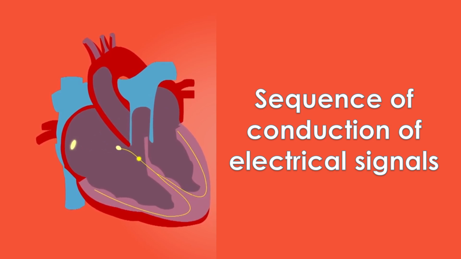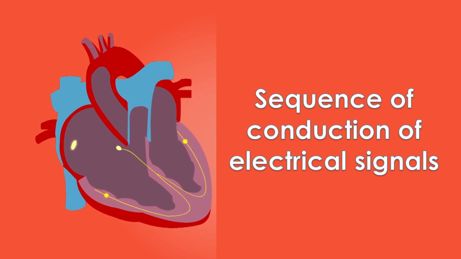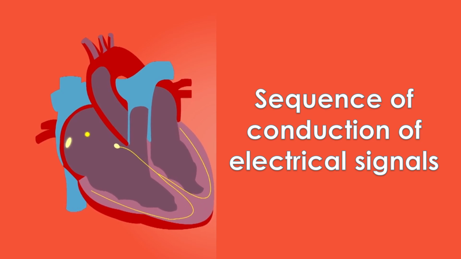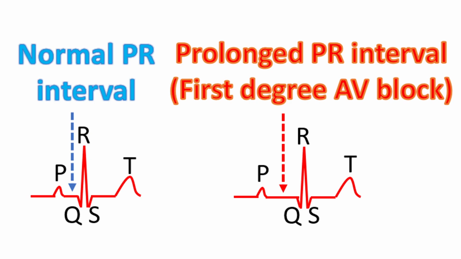This gives a booster filling for the lower chambers apart from the passive filling which occurs when the lower chambers relax after a contraction. Isolated first degree AV block or prolongation of the PR interval is not significant if it is only moderate prolongation. Significance is mainly for any associated abnormality of the heart which may progress.